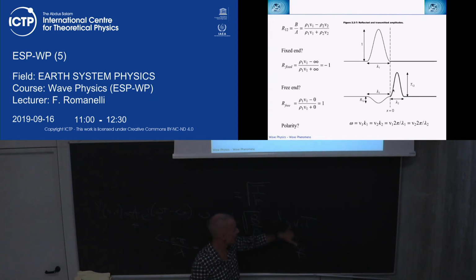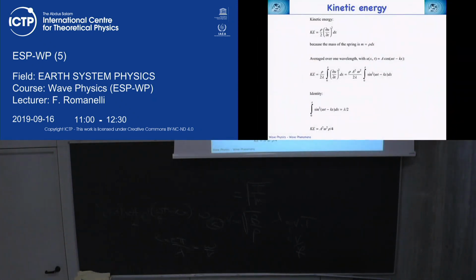What does it mean? That if velocity is lower, wavelength is shorter. That's why in this picture, you see on the right, the wavelength is a little bit shorter. Okay, and as I was telling you, if you do the computation, but we will not enter into the details, and you compute the kinetic energy in one wavelength, that's velocity squared, you get this.